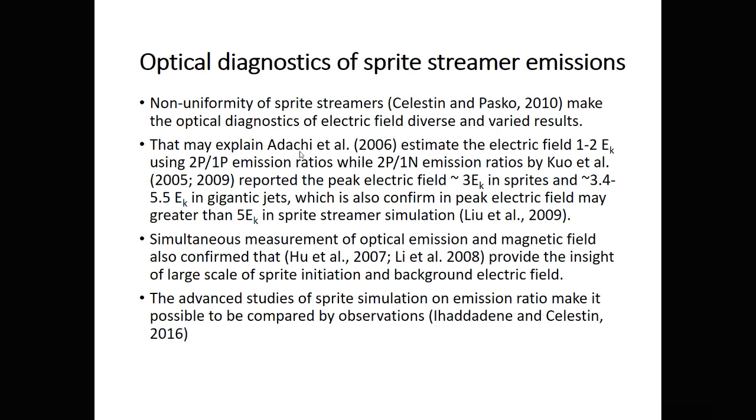For example, Dutch estimated lower electric fields, and for other bands, for example, Guo and Liu, they found higher electric fields, about 3 to 5 times the breakdown electric field. Compared to the ground observation, they use magnetic fields and can calculate the electric field. And we will compare later.